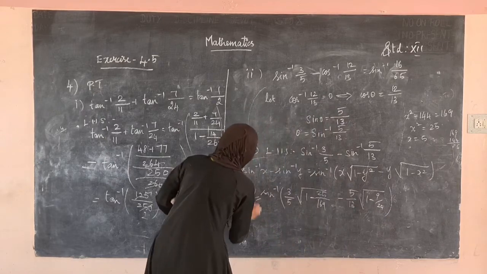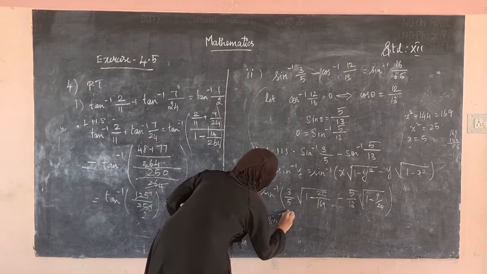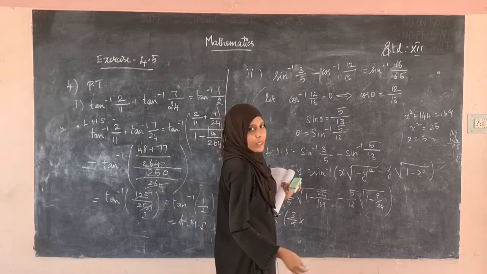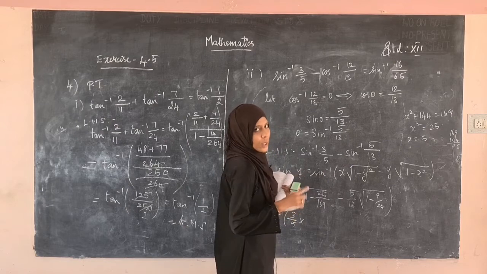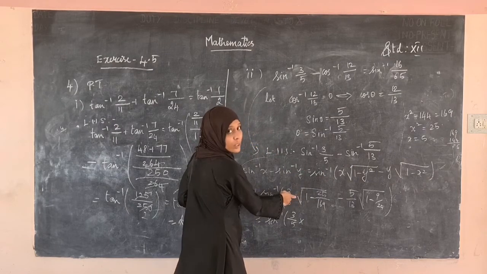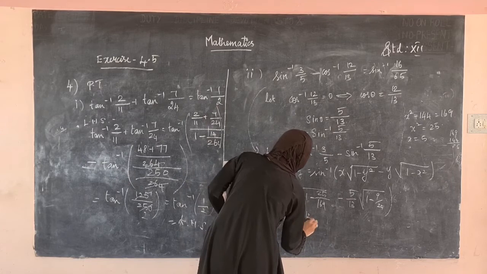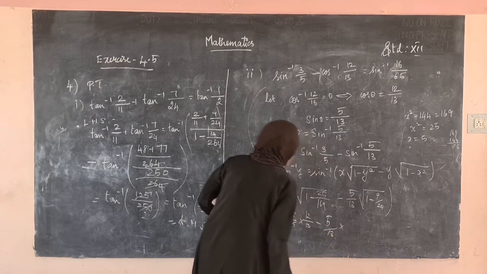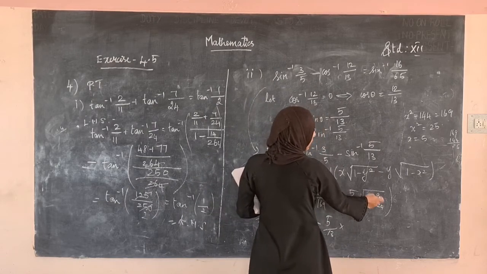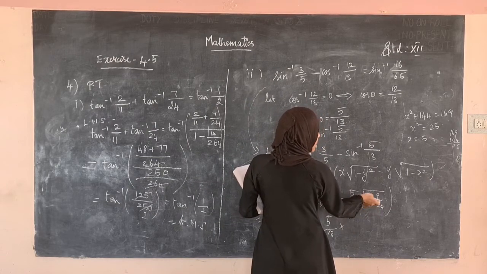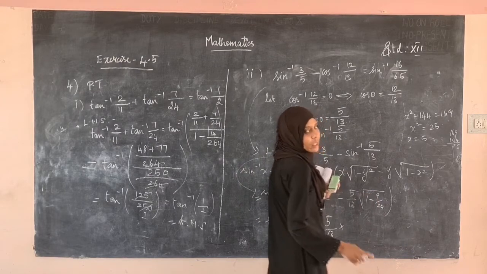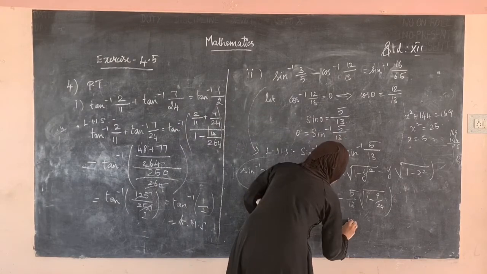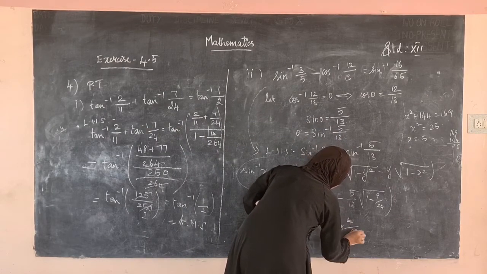Okay, this becomes sin inverse of 3 by 5 as it is into, see here, 169 minus 25 is 144 divided by 169. So root of 144 divided by 169 is 12 divided by 13, minus 5 divided by 13 into, so what does it become? Root of 1 minus 9 divided by 25. So, 25 minus 9 is 16 divided by 25. So root of 16 divided by 25 is 4 divided by 5.